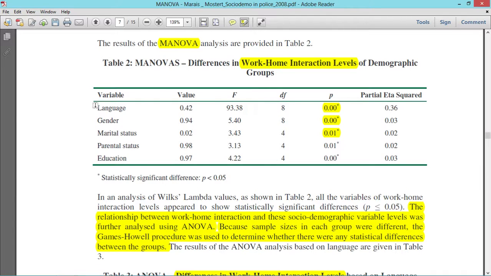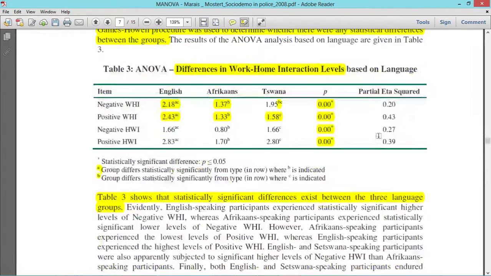So in this case, the independent variable of language and its subgroups can explain 36% of the variance in work-home interaction levels. Okay, and then I know that partial eta squared holds a slightly different meaning in terms of ANOVA.